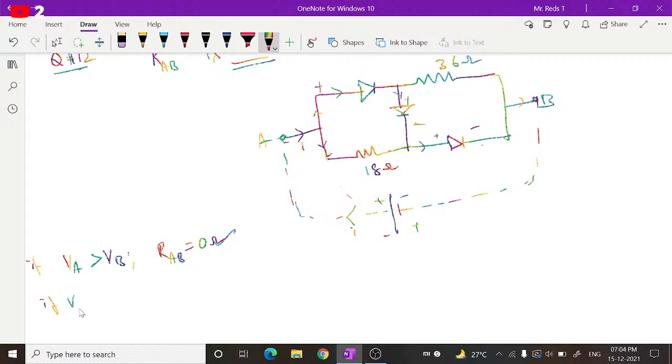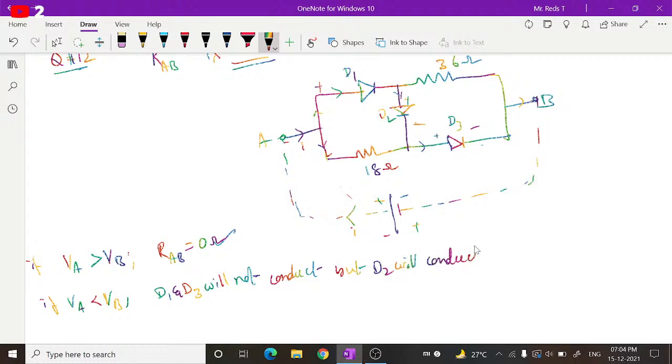If VA is less than VB, then if we take these diodes D1, D2, D3, D1 and D3 will not conduct, but D2 will conduct.